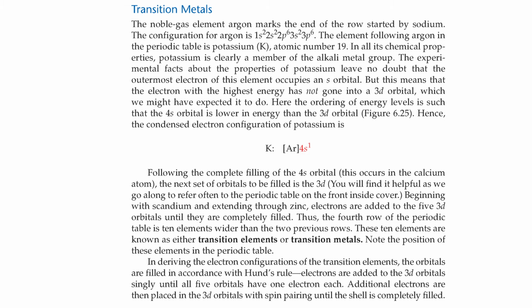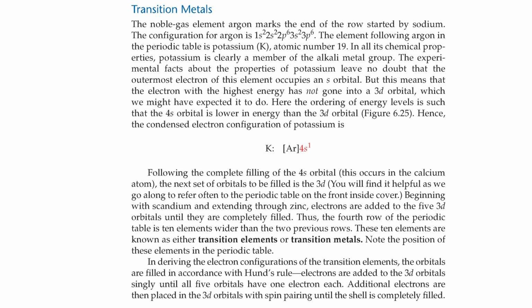Transition metals. The noble gas element argon marks the end of the row started by sodium. The configuration of argon is 1s2, 2s2, 2p6, 3s2, 3p6. The element following argon in the periodic table is potassium, K, atomic number 19. In all its chemical properties, potassium is clearly a member of the alkali metal group.